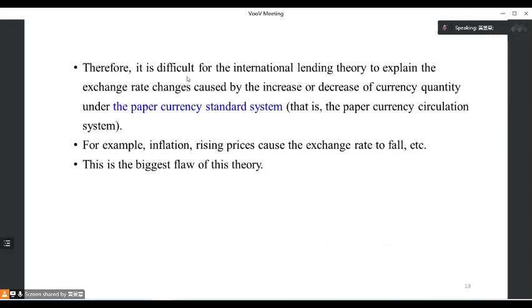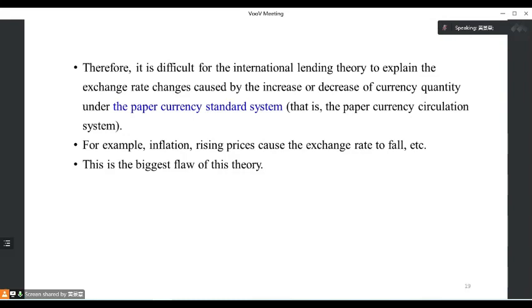Therefore, it is difficult for the international lending theory to explain the exchange rate changes caused by increase or decrease of currency quantity under the paper currency standard system. That is the paper currency circulation system.